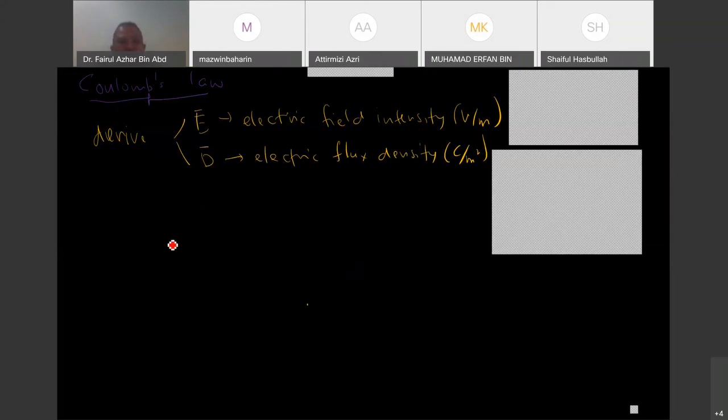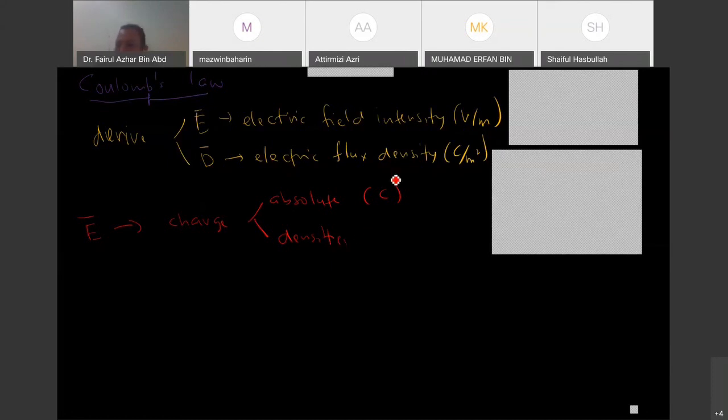Alright, so in order to derive the expression of E, since the source of the electric field comes from charge, the charge can be represented either by its absolute value, where the unit is Coulomb, or by using density values.